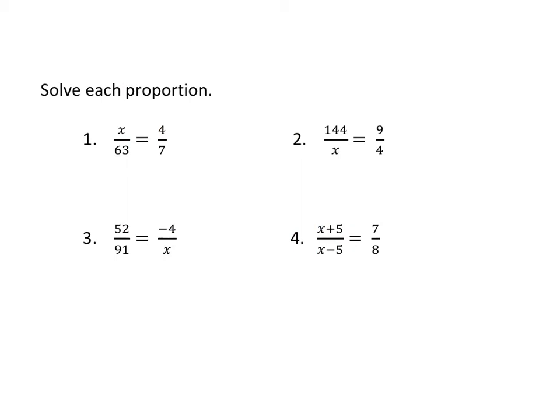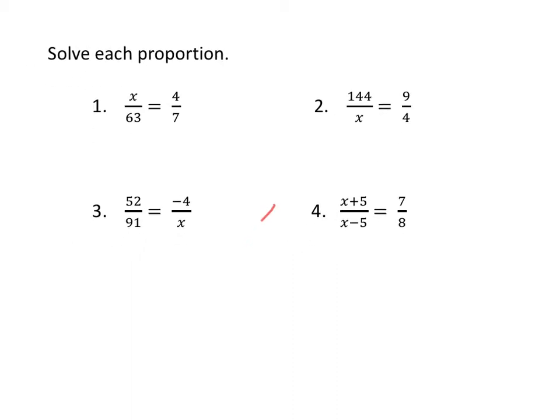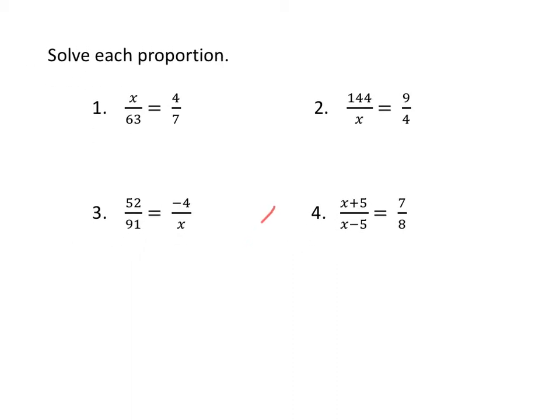Now, when you have a missing number, we're going to make a proportion. We want to make it true. So we have to find the missing number. And if we want to find that missing number, we can do the same thing that I was doing on the other problems, which is cross multiply, which is like getting a common denominator.